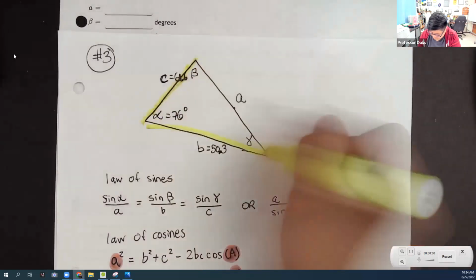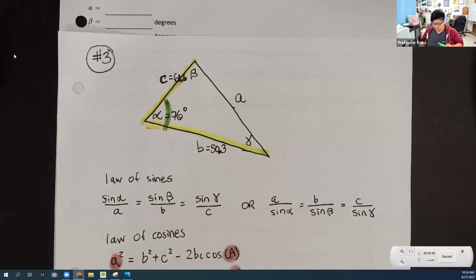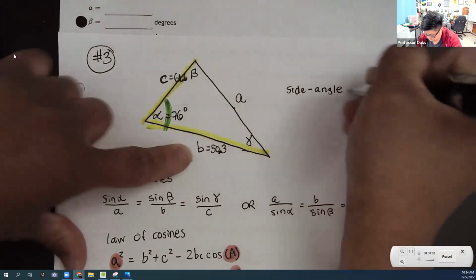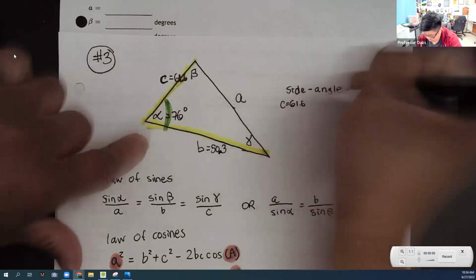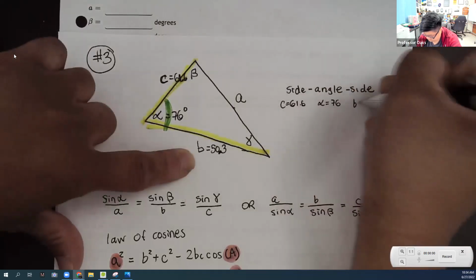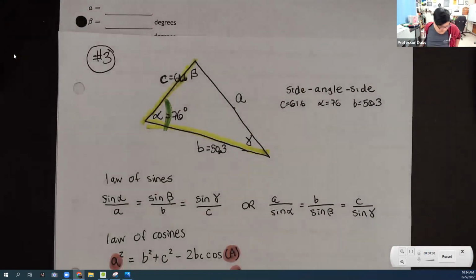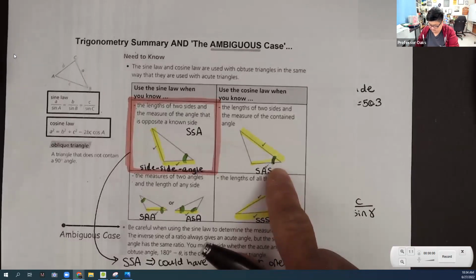We know a side, an angle, and a side. We know C is 61.6, alpha is 76, and we know B is 50.3. So since this is side, angle, side, that means we are going to use the law of cosines.